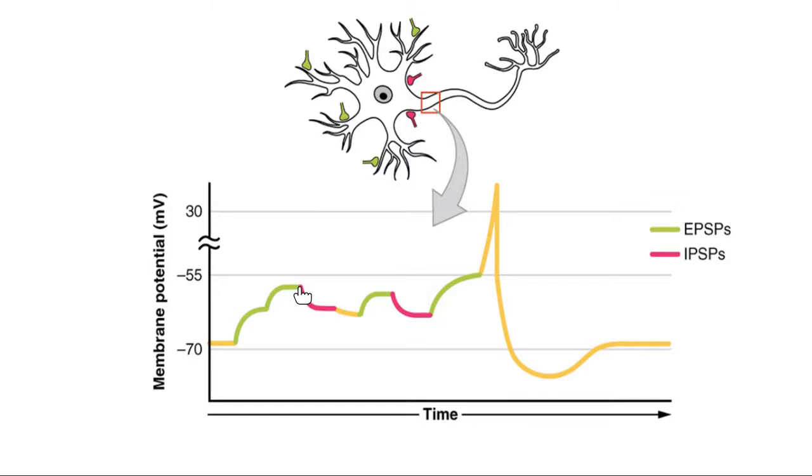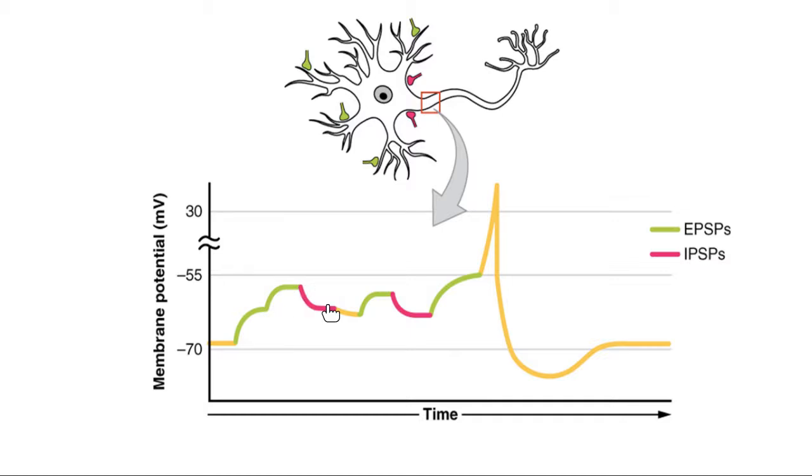This neurotransmitter made my membrane charge go down. So this neurotransmitter either opened up a potassium channel or it opened up a chloride channel. It did something to let ions in that made my membrane charge more negative. Because my membrane charge got more negative, we call this an inhibitory postsynaptic potential, an IPSP.